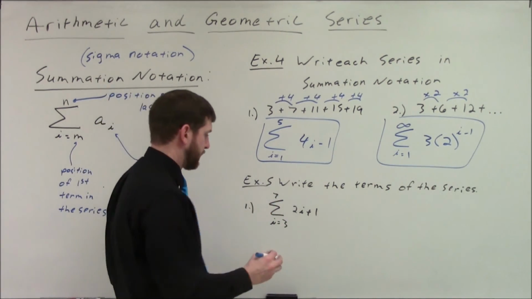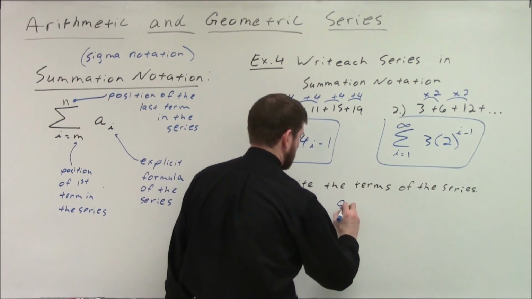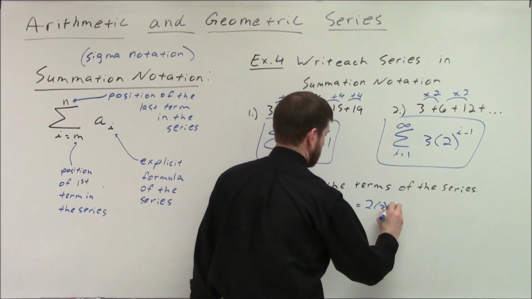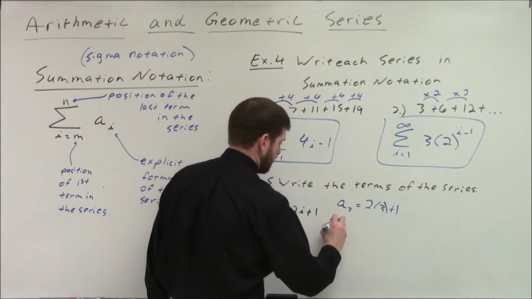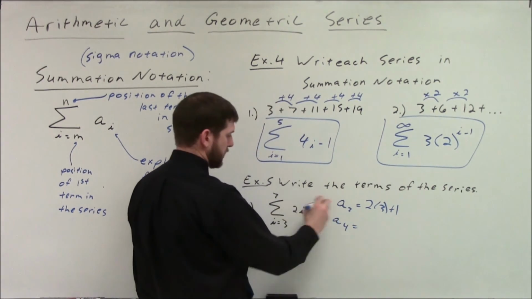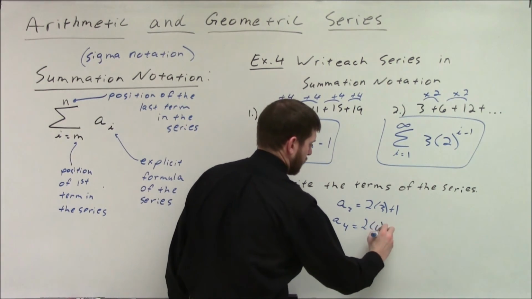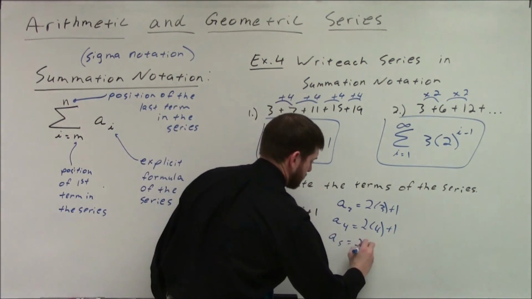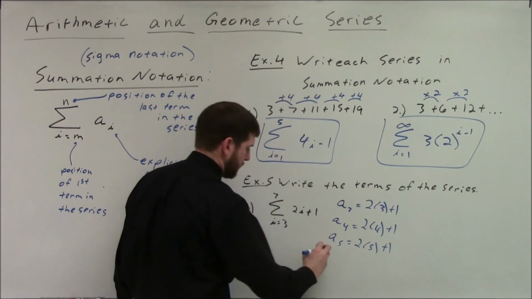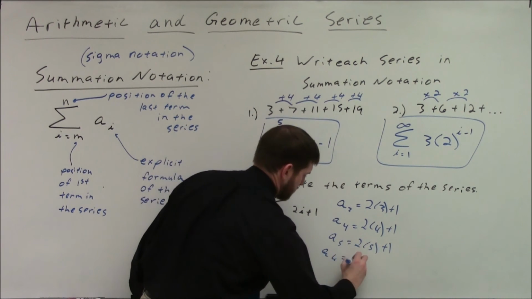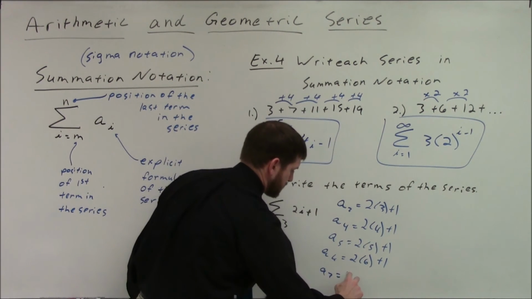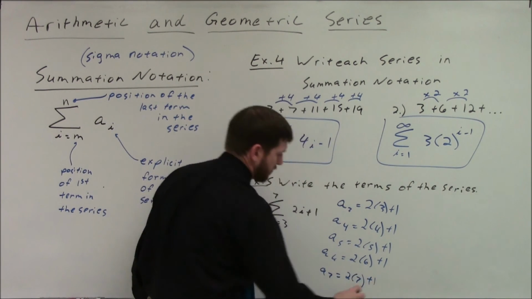Pretty straightforward. I get a sub 3 by doing 2 times 3 plus 1. I get a sub 4 by doing 2 times 4 plus 1. A sub 5, 2 times 5 plus 1. A sub 6, 2 times 6 plus 1. And a sub 7, which is 2 times 7 plus 1.